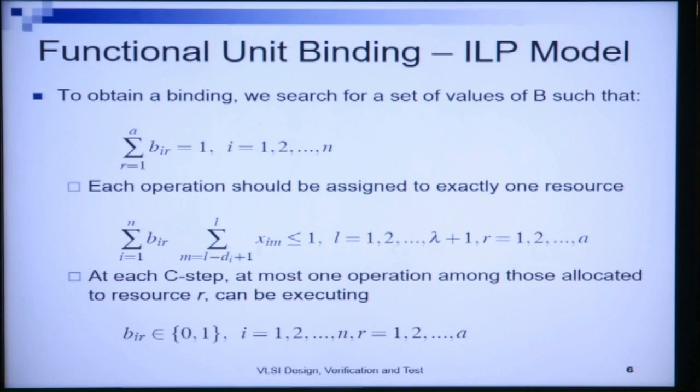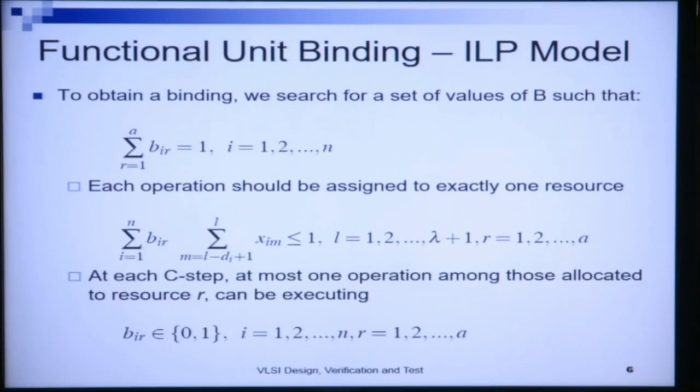We want to provide this constraint that a single resource should execute at most one operation, 0 or 1, at each time step. The resource can either be idle at that time step or can execute at most one operation. It cannot execute multiple operations at the same time. So, this is what this constraint restricts.